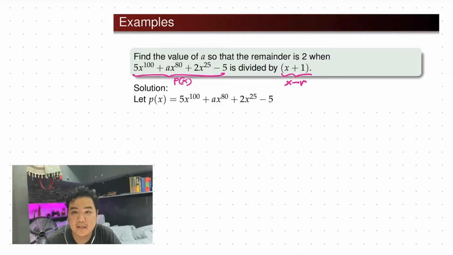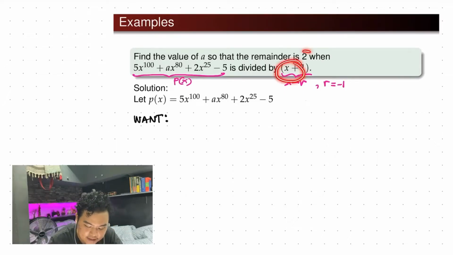So, x minus r. So, ang r natin ay, so negative r is 1, so r is negative 1. So, ang gusto mong mangyari ay, anong remainder when divided by this is 2. So, dapat the remainder, p of r, which is p of negative 1 is equal to 2.